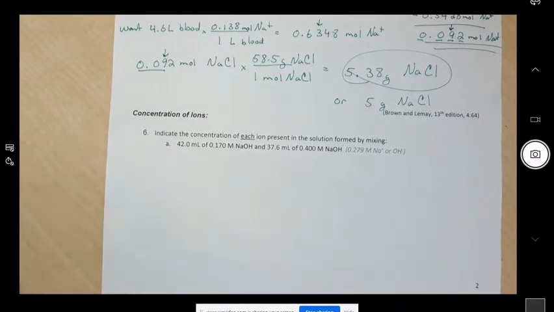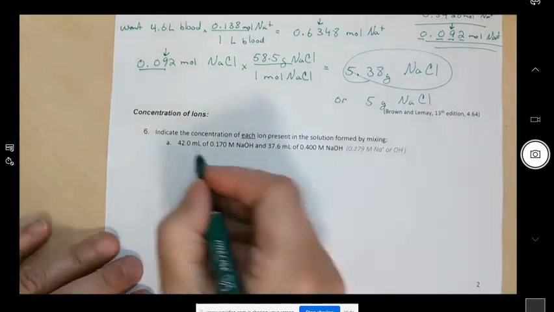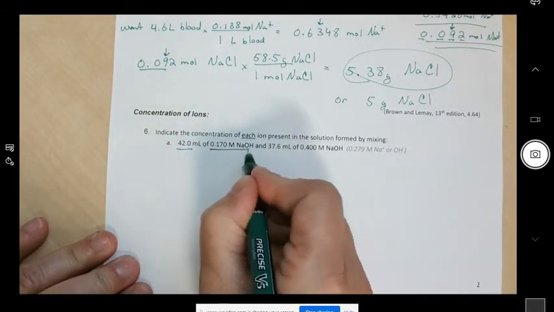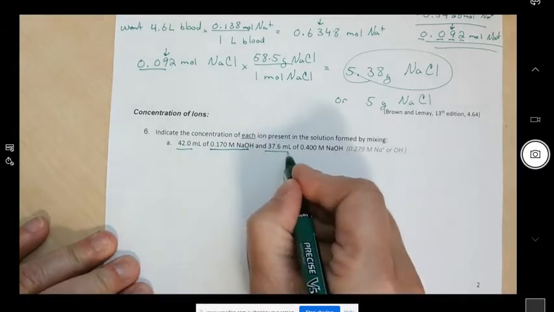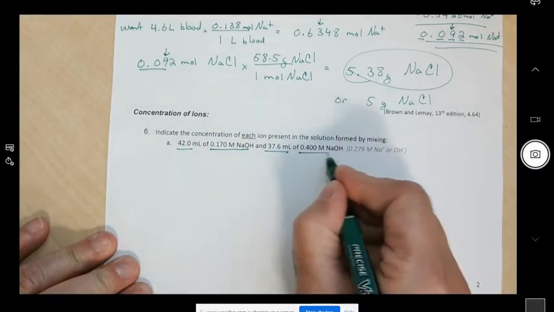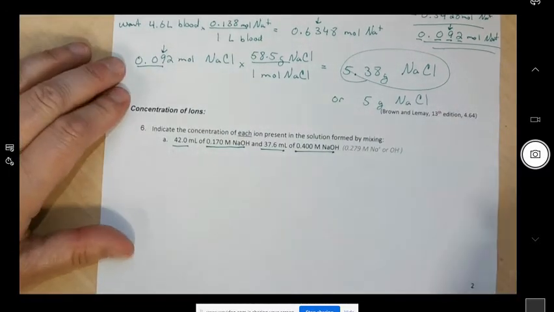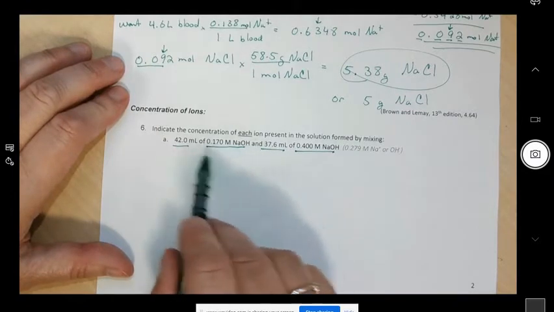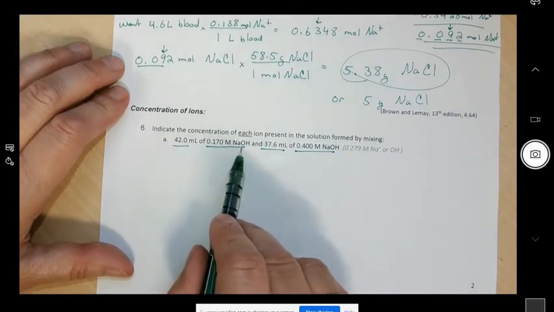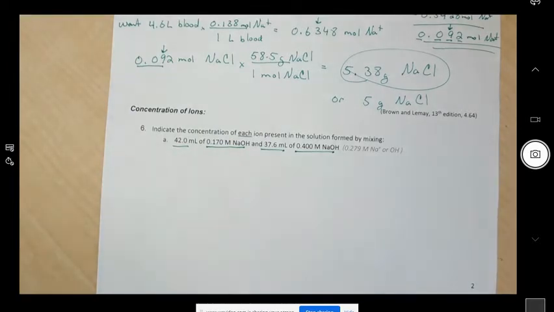Indicate the concentration of each ion present in the solution formed by mixing 42 milliliters of a 0.170 molar sodium hydroxide and 37.6 milliliters of a 0.4 molar sodium hydroxide. The thing that you have to remember is that whatever your concentration is of that compound, when that compound dissociates or dissolves, that concentration actually will dictate your concentration for your ions as well.